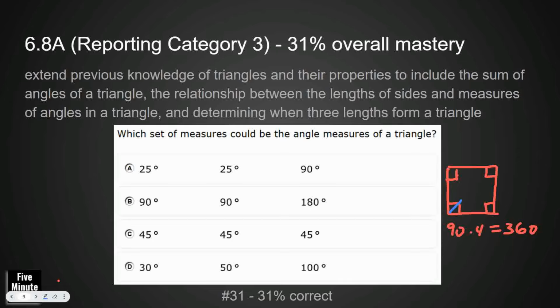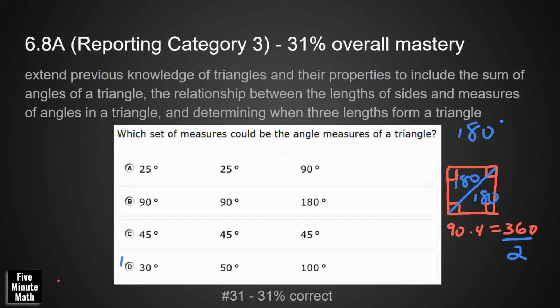If you take that square, cut it in half, you're going to get 2 equal triangles. And so that means you're going to take your 360, cut it in half, 180, 180. So I need a set of angles that equal 180 because every single triangle makes 180 degrees internally.